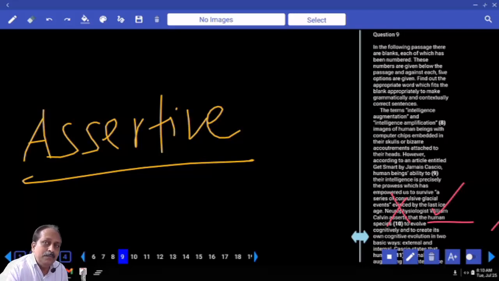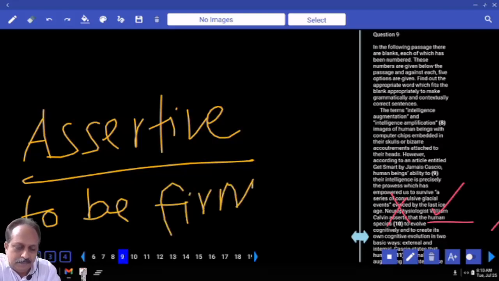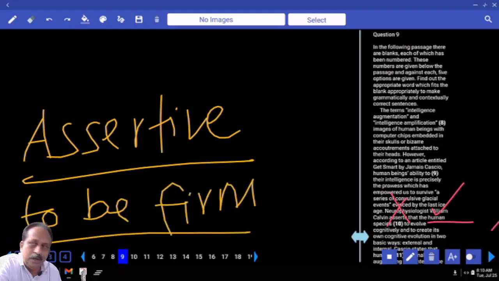So assertive means to be firm. Write the meaning: to be firm. Why did I tell you to write this word? Usually what happens, tomorrow you get the job. You're a young boy or girl, a young man or woman. At the workplace, the boss has already been working for so many years. He knows the ins and outs of the workplace culture, and he is not an honest person.